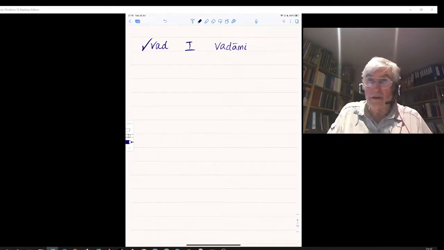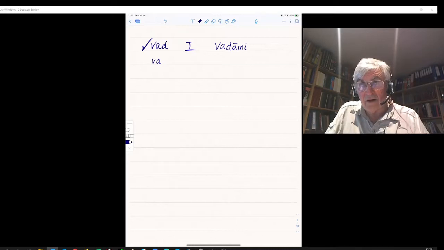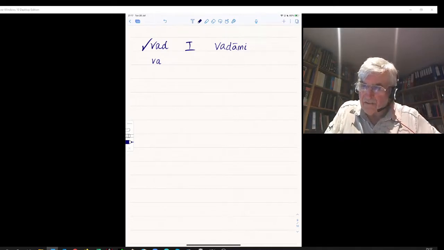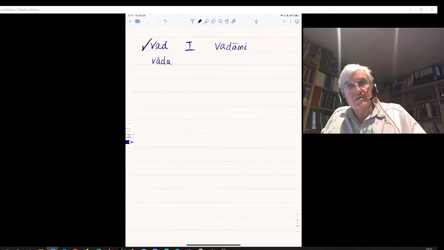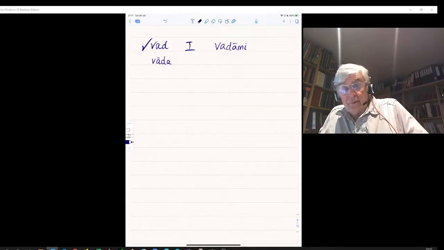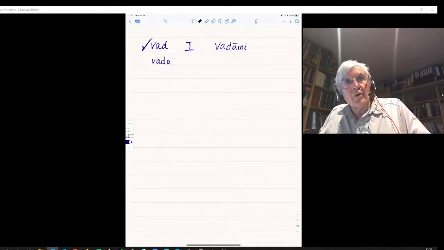Incidentally, the verbal noun from this root vad is vada. You often find where you have a root that has an a followed by a single consonant, it often makes its verbal noun by lengthening the a to a and adding an a. So vad becomes vada. Vada therefore means saying as a verbal noun. And by extension, it means what you say about something, what you teach.